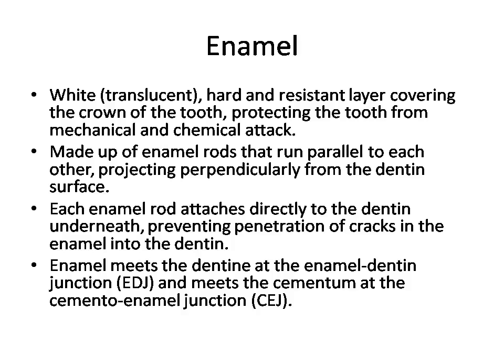It is about 4 micron wide and the various enamel prisms are held together by minute amounts of interprismatic substance. The prisms and the intervening material between them are composed of crystallites called hydroxyapatite crystals.